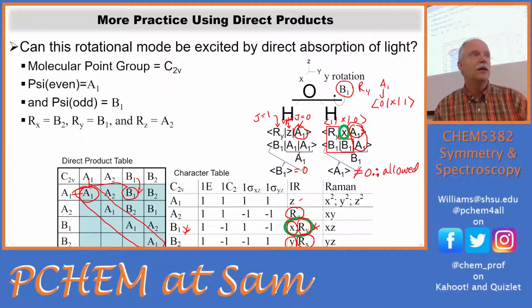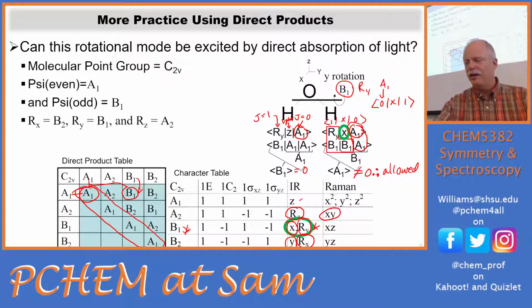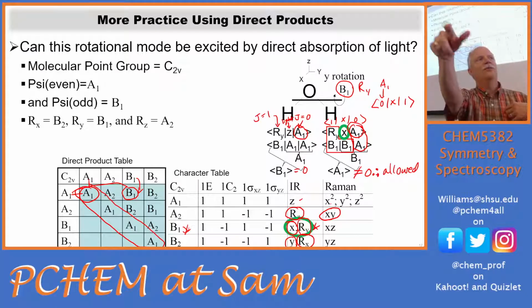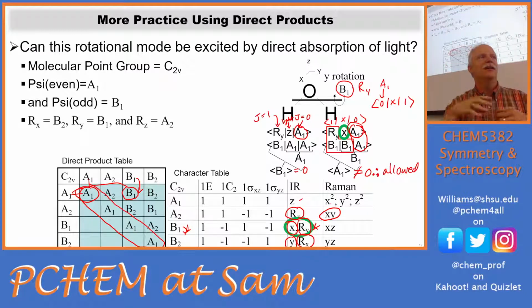Okay, so would rotation around Z be allowed with scattering? Yeah, very nice. So what could cause rotation around Z is a two-photon interaction here of XY. So X polarized light hitting that molecule and leaving along the Y polarized direction.